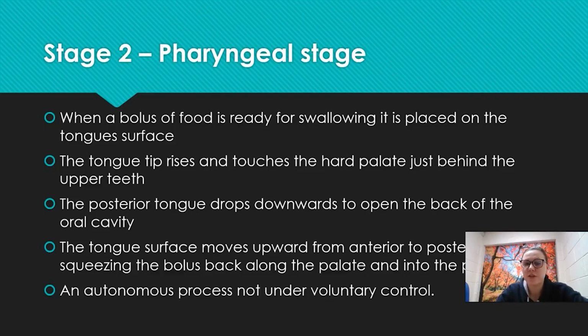So this is the tongue moving upwards from front to back to squeeze the bolus of food along the palate and into the pharynx, ready for being pushed down towards the stomach. And this is an autonomous process, so this isn't a voluntary movement that we control, like initiating the swallow. This is something that comes naturally.